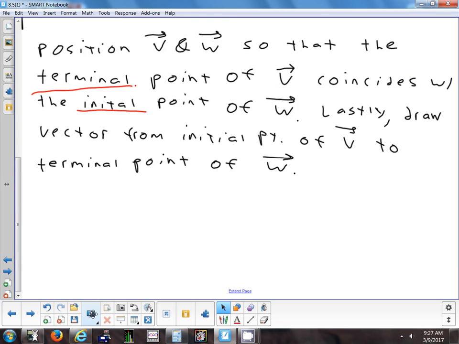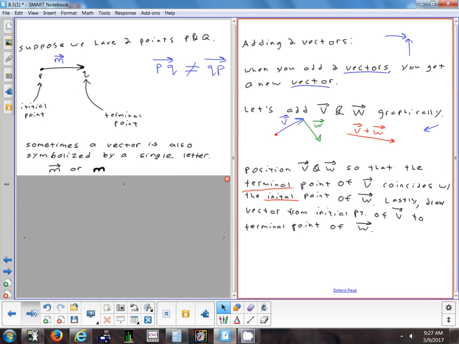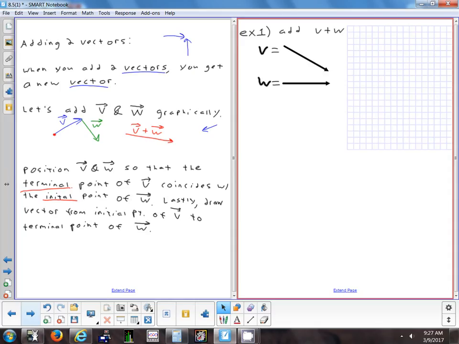Right, so let's look at an example. So you don't really need graph paper. I just use graph paper. But I'm going to take V, and I'm going to add W onto the end of it. So for your purposes in your notes, you could just draw V roughly the way I did and draw W kind of like I did. On the test, you'll have graph paper, so you can be more precise.